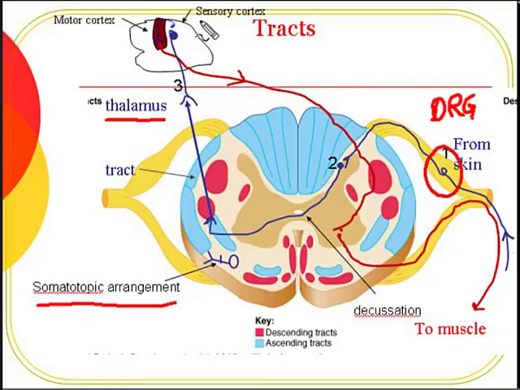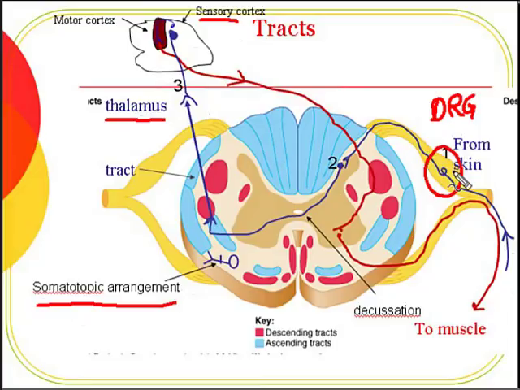So if we were to take this example, the cell body of the first order neuron is in the dorsal root ganglion. The cell body of the second order neuron is in the dorsal horn of the spinal cord, and the cell body of the third order neuron is in the thalamus. This is how you're going to remember the tracks.